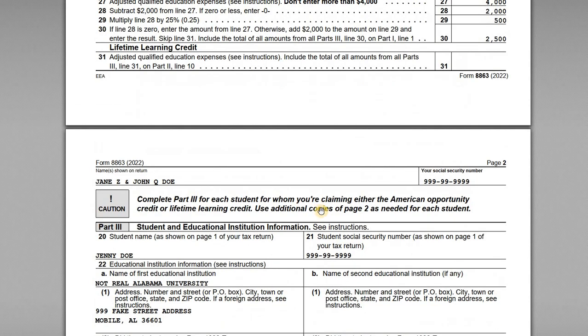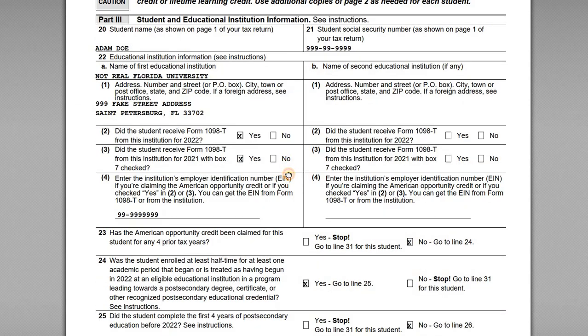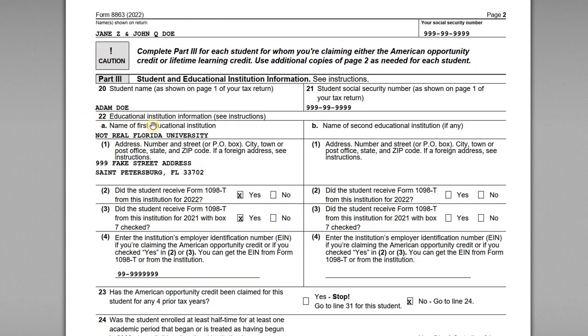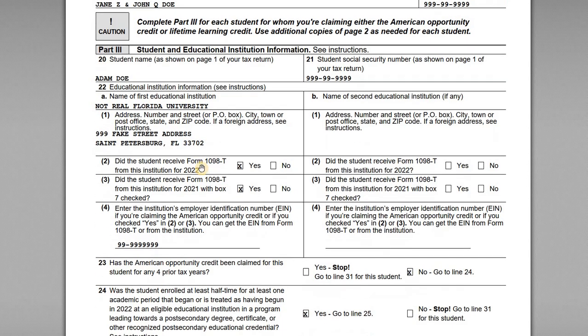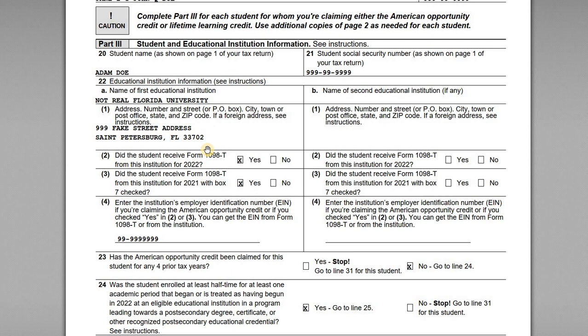So if we have a look at Part 3 for Adam first, obviously there is some preliminary information on the student and the university itself, right? This stuff is pretty straightforward. We have the name of the student, his tax ID number, and then information on the university, right? Obviously all this you can pull directly from the 1098-T. Now, question 2, they're asking, did we receive a 1098-T for this institution for 2022?